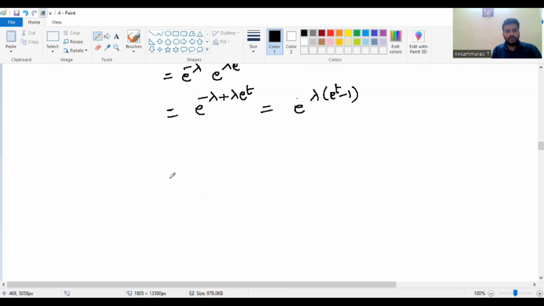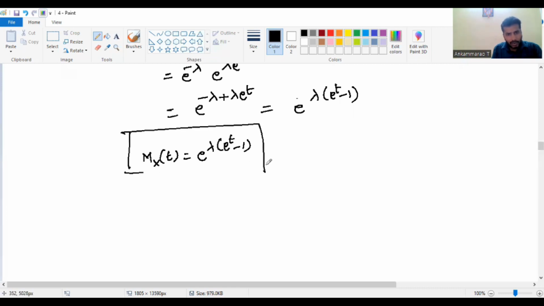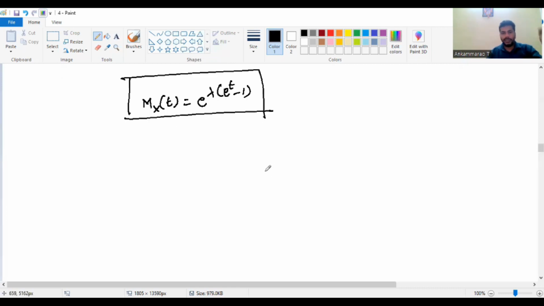Therefore the moment generating function of Poisson distribution is e power lambda into e power t minus 1. This is the MGF, and by using this MGF we will find the mean and variance.